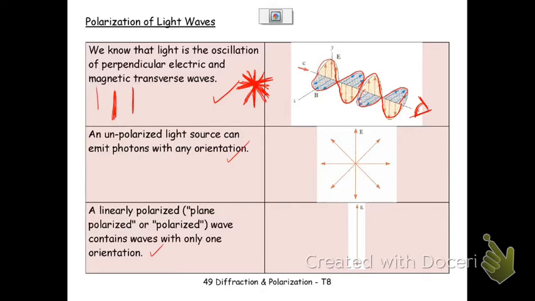I suppose I should have drawn this like this, and that, and that, wherever. But in this one, they're all the same orientation. That's because somehow we've managed to polarize our photons.